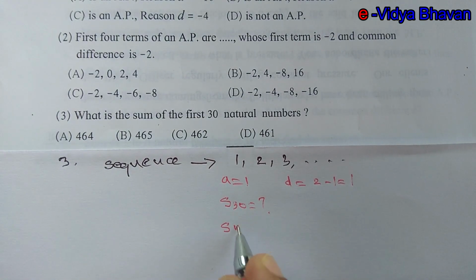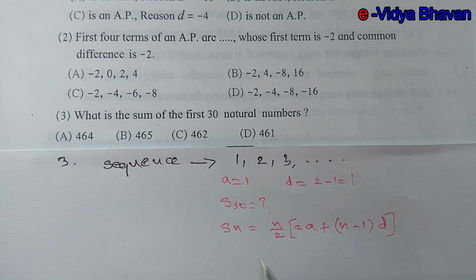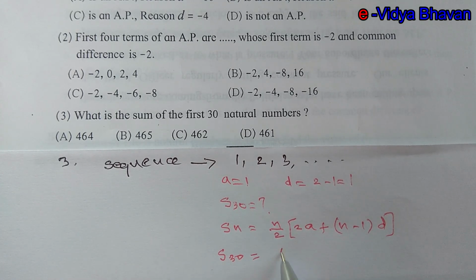So we'll use the formula Sn equal to n upon 2 into 2a plus n minus 1 d. Substitute the values and you will get the answer. And when you get the answer of S30, the answer is going to be 465. That is, the option will be B.